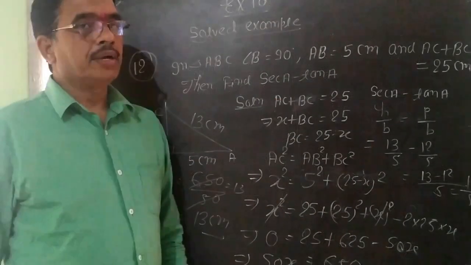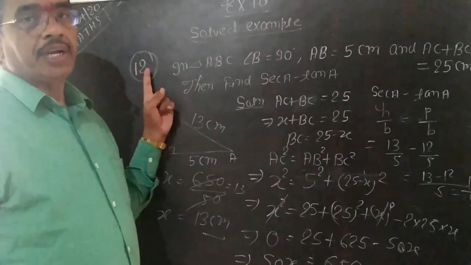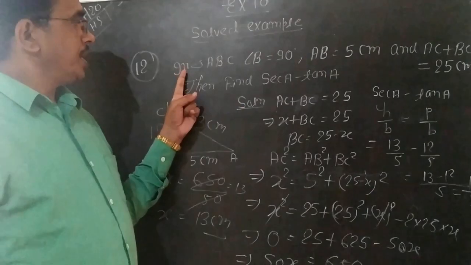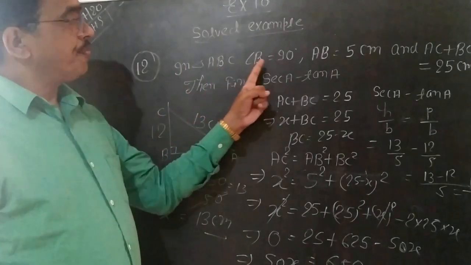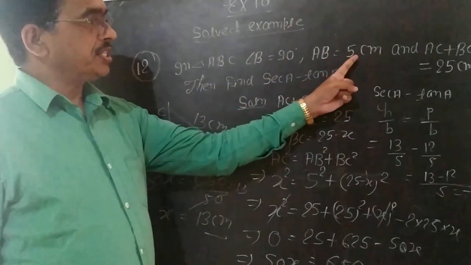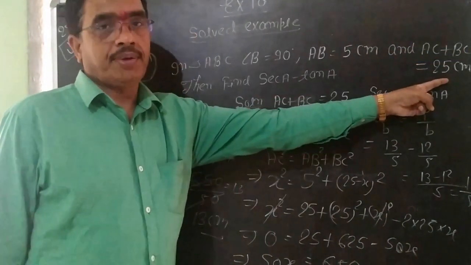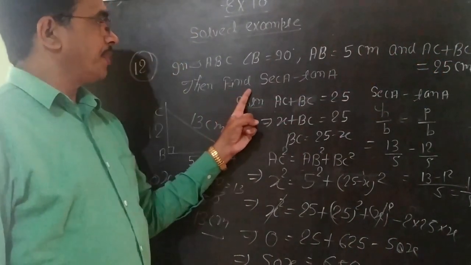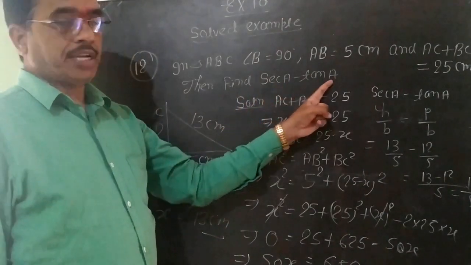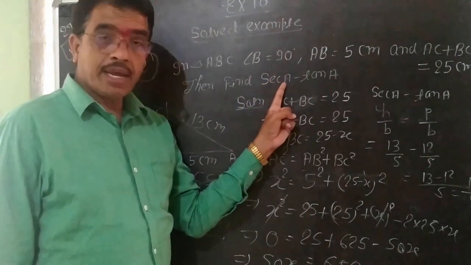Now see question number 12 of the examples. The question is, in triangle ABC, B is 90 degrees, AB is 5 cm, and AC plus BC is 25 cm. Then find the value of sec A minus tan A. Dear student, take care here.